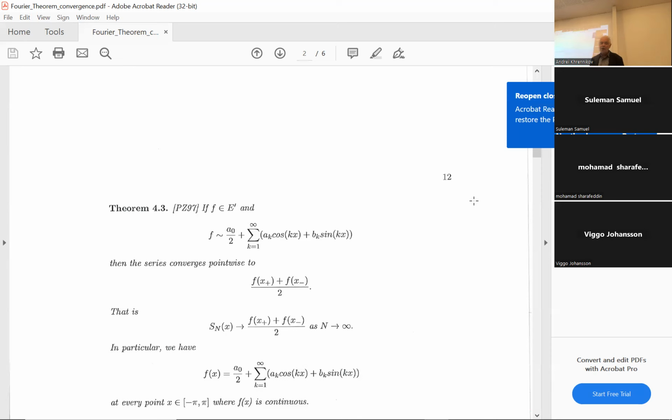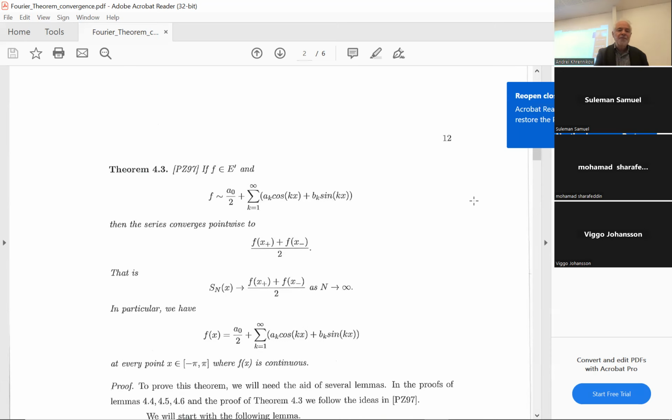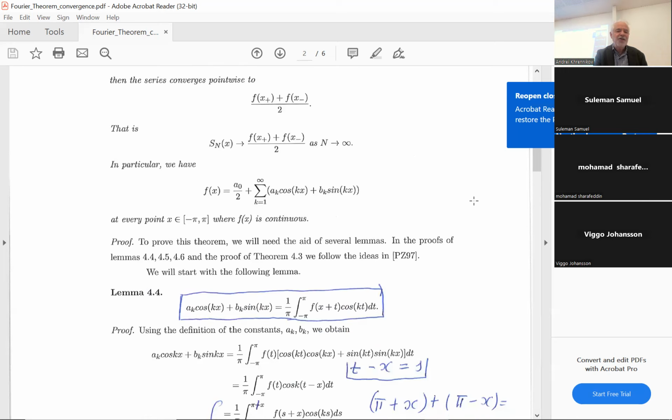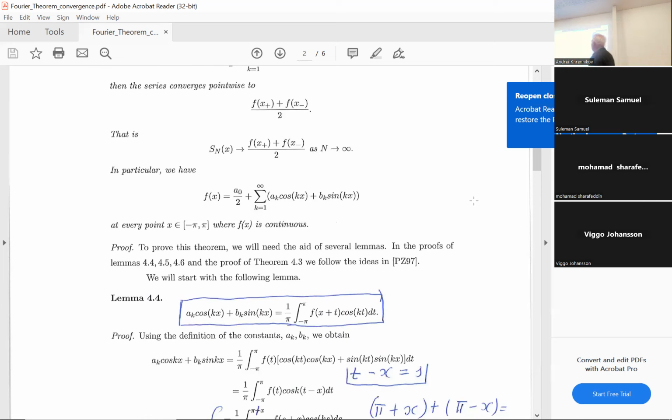The proof is long, but it is not so intelligent, I can say. In this series, the main block is this. Let us represent this block by an integral. We put instead of a_k its representation as the integral, 1 over pi, f(x) cosine kx.